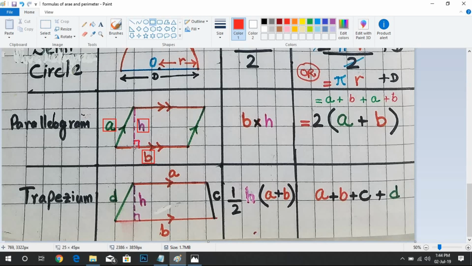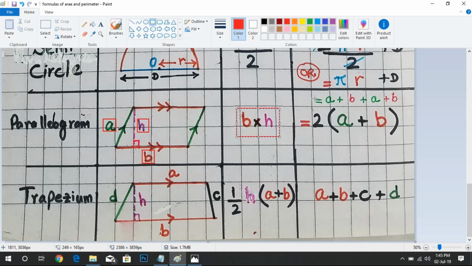This is the 90-degree angle. The area of a parallelogram is equal to B into H, base into height.